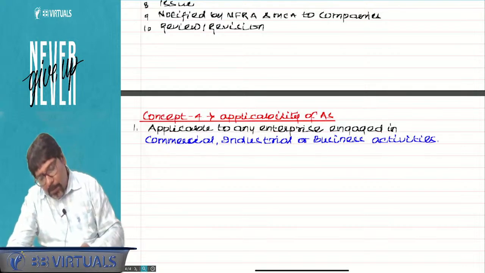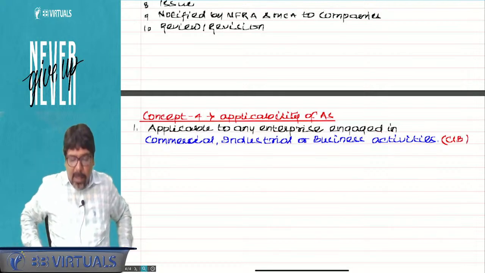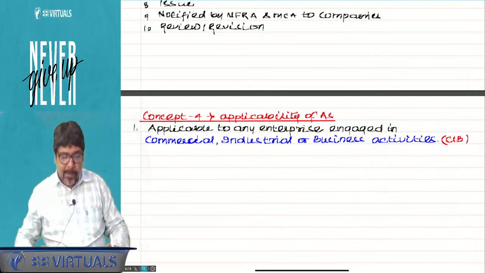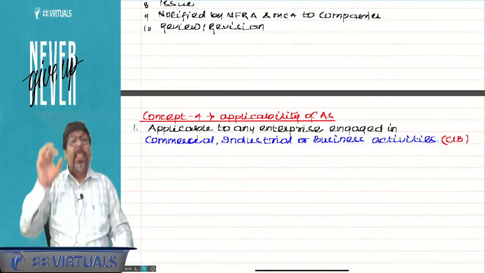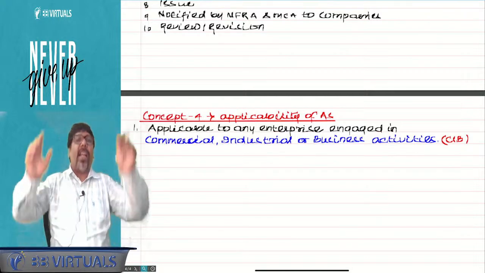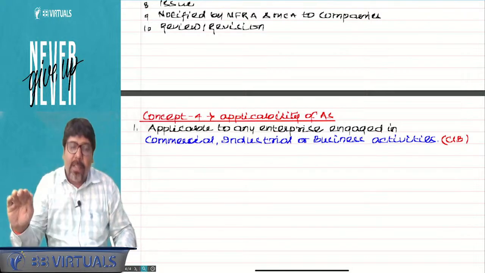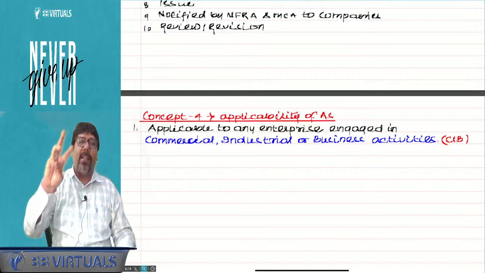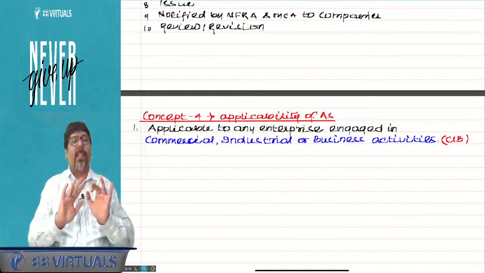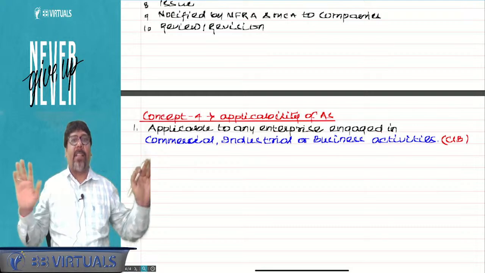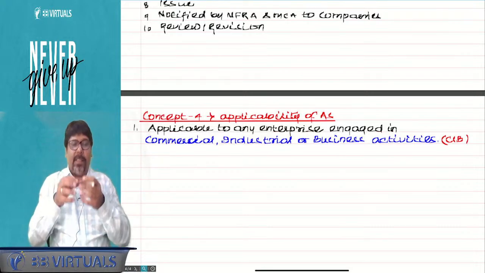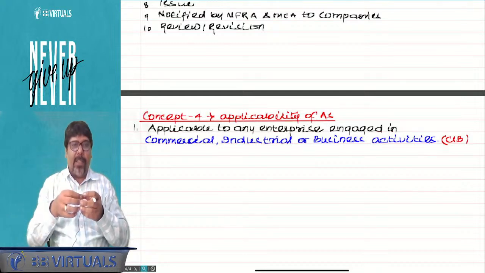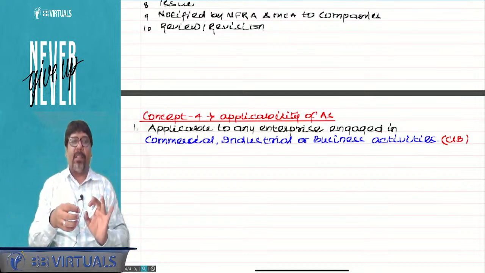Correct? So it is applicable to only those organizations which are involved in commercial, industrial and business activities. Therefore, any organization or enterprise which is not involved in commercial, industrial or business activities, AS is not applicable. For example, an organization set up for merely receiving donation and transferring donation.